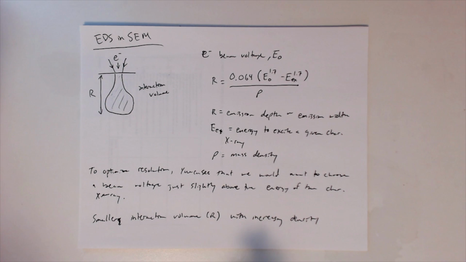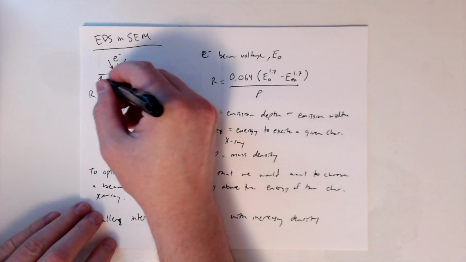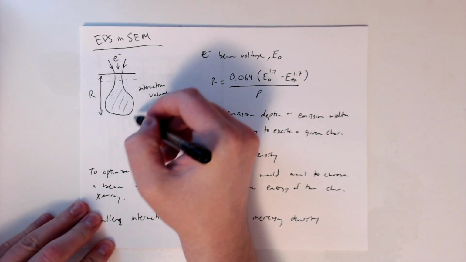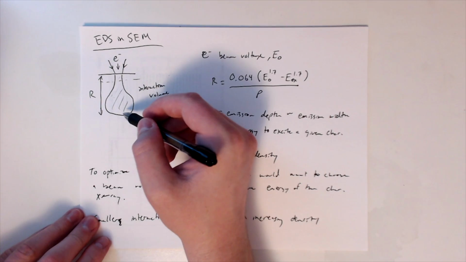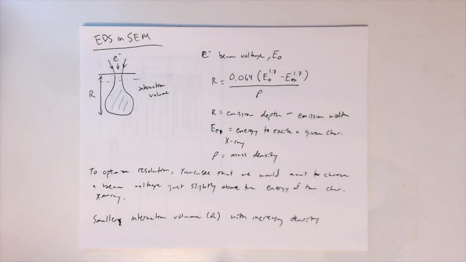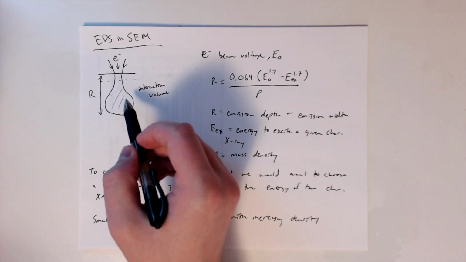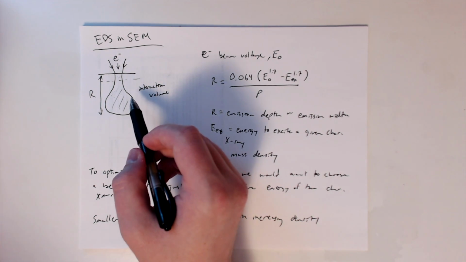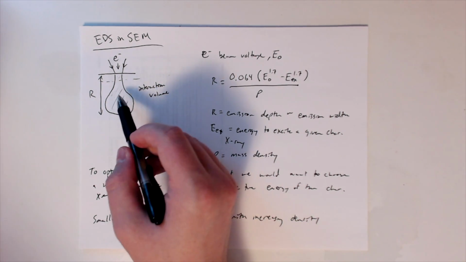I'm not going to get carried away with it here. But one thing we often see is that the resolution is much better in TEM because we have really thin samples, so we're just dealing with a very thin slice and don't have to deal with the broader part of the teardrop down here. TEM has much better spatial resolution because of these thin samples and because we don't have this large part of the interaction volume, so we can get much narrower bits.